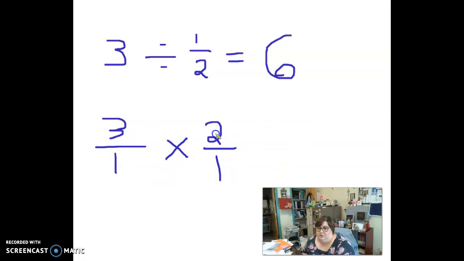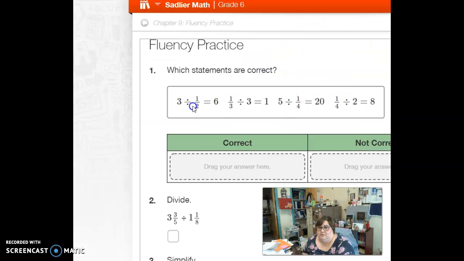So 3 times 2, your numerator is going to be 6. 1 times 1, your denominator is going to be 1. We know any number over 1 is just that number, so it equals 6. So this one you would want to put in the box that says correct.